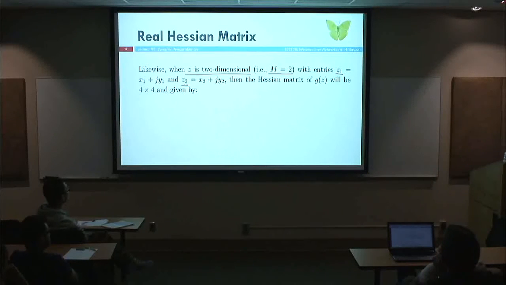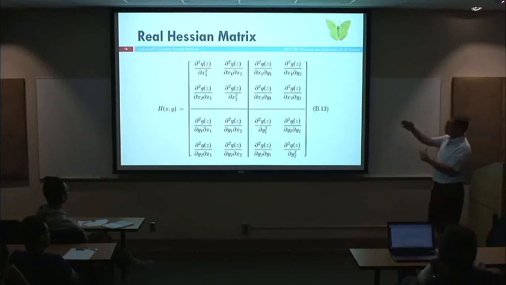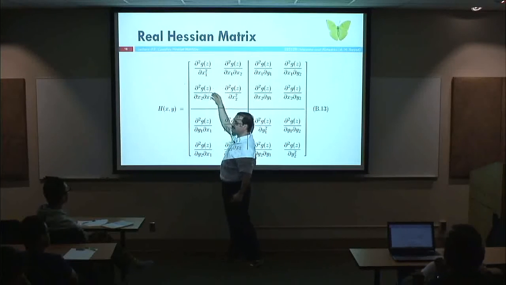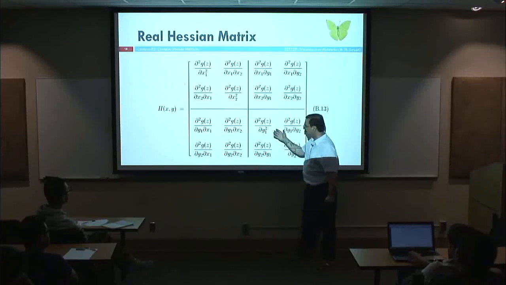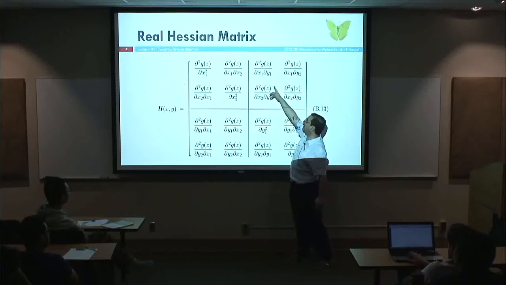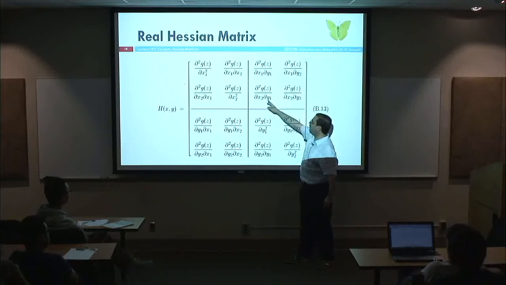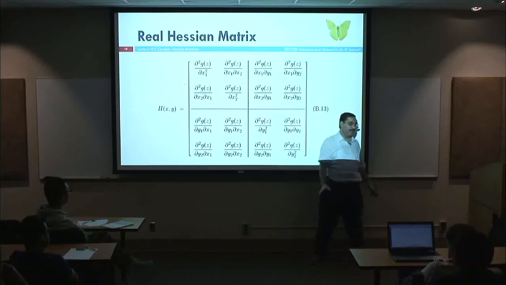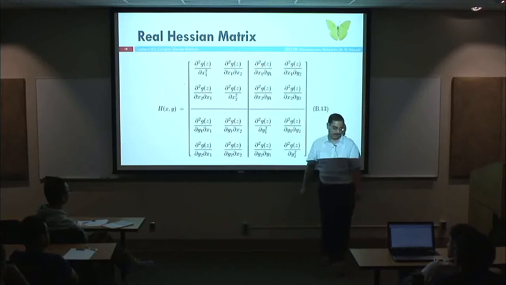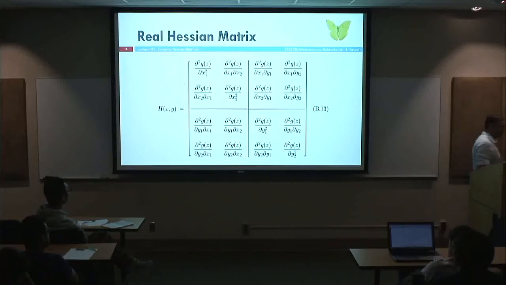It will be this matrix which has all the partial derivatives. You see all the partial derivatives relative to the x1 components, relative to the y1 components, and relative to the cross components, x1, y1, x1, y2, x2. This is the Hessian. So see how I organized it? So far, a trivial extension of what we did in the real case.